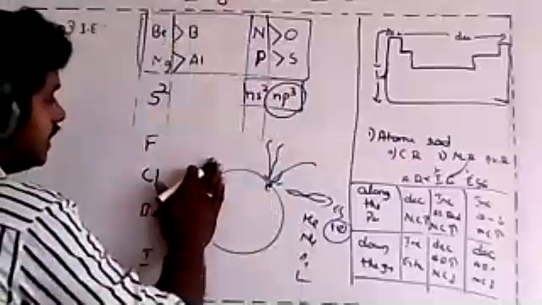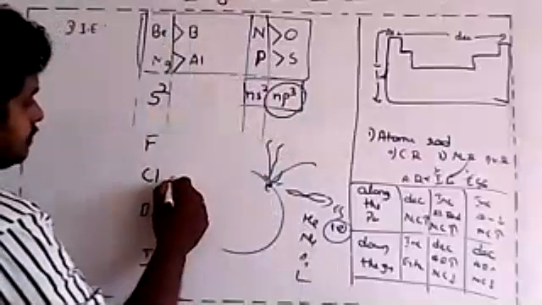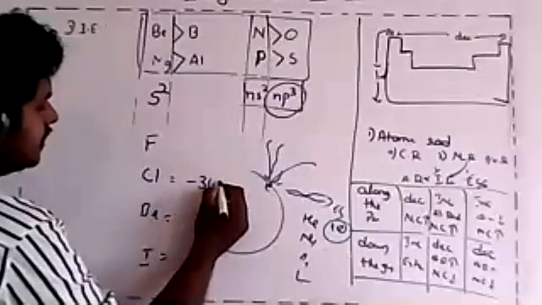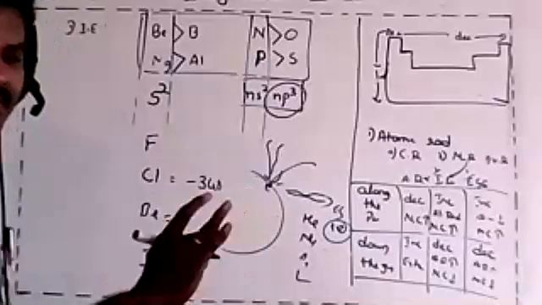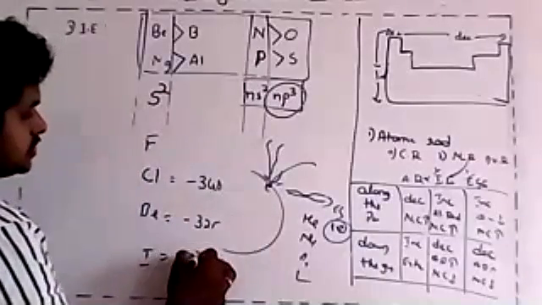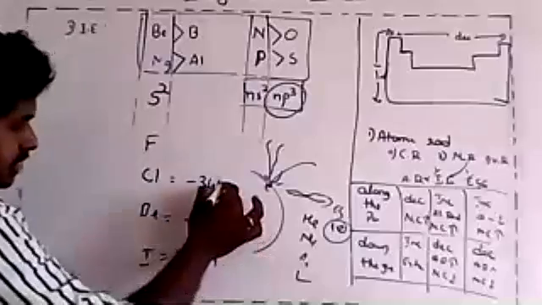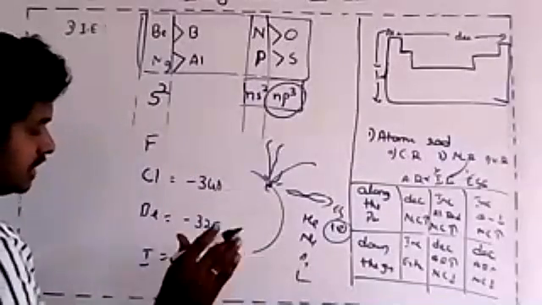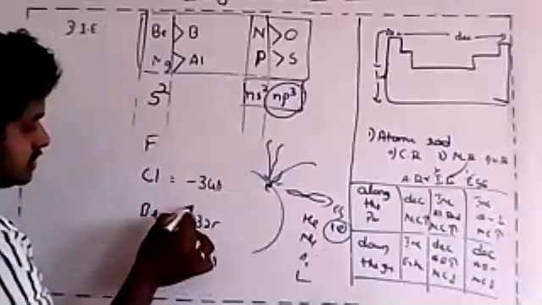For example, in chlorine, bromine and iodine the values are around minus 348, 325 and 298. Understand, dear students, that in these cases it is usually negative. It doesn't mean negative energy. It is just telling you that energy is released.